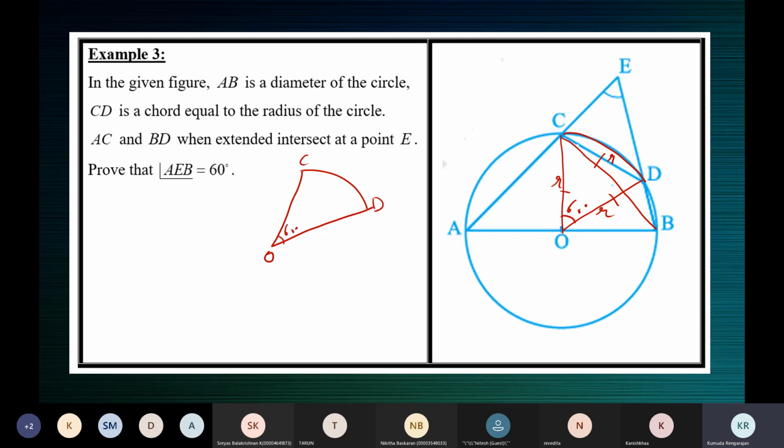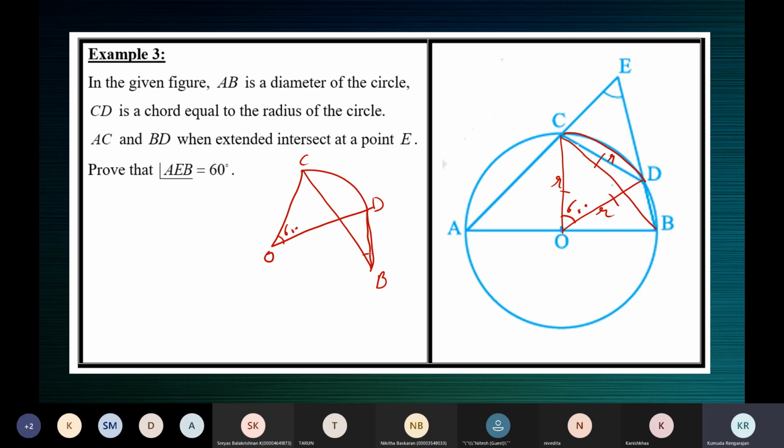The same arc CD makes angle CBD. You can make out from the way you name the angles, COD, CBD.